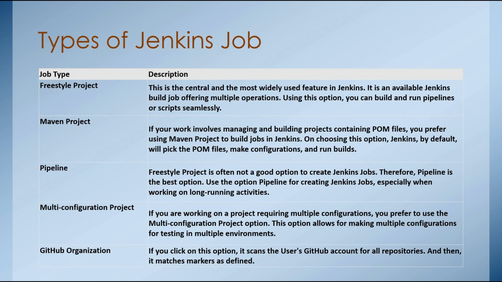It is going to scan my GitHub account for all repositories, and based on the markers, suppose I mark a repo, it will pull the code from the GitHub repository of that particular marked repo.